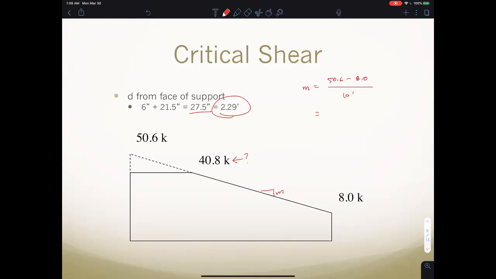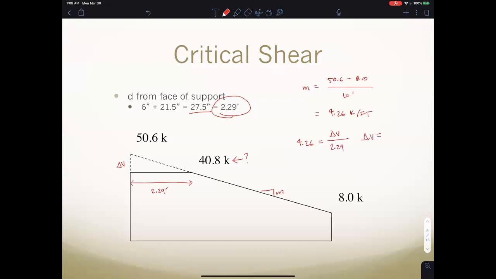That's 4.26 kips per foot. This distance here was 2.29 feet and delta V. So 4.26 equals rise over run.